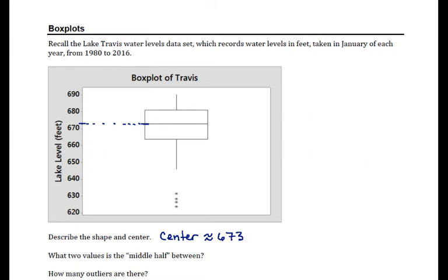As for the shape, I can see that it has some skew because one whisker is longer than the other. We have a short whisker up here and a long whisker down here, and we also have our outliers in this direction, which means that this is the direction of the skew. We have a longer tail on this side. What we need to decide now is whether it's left skew or right skew.